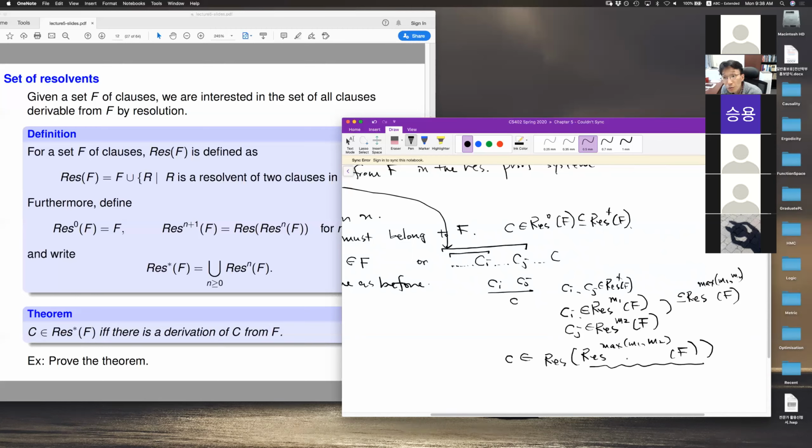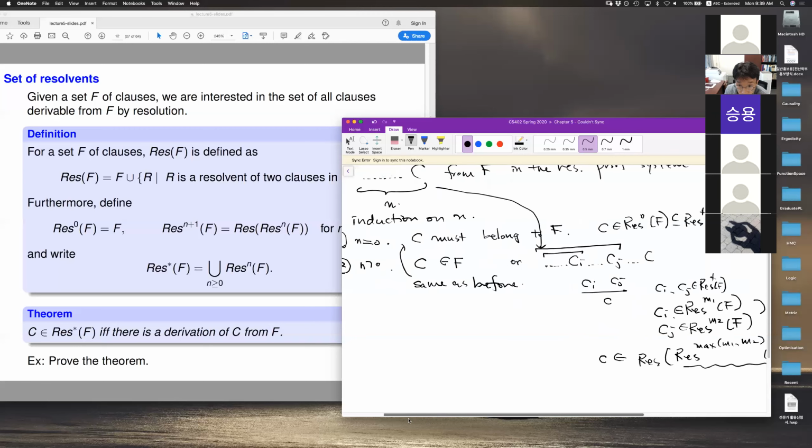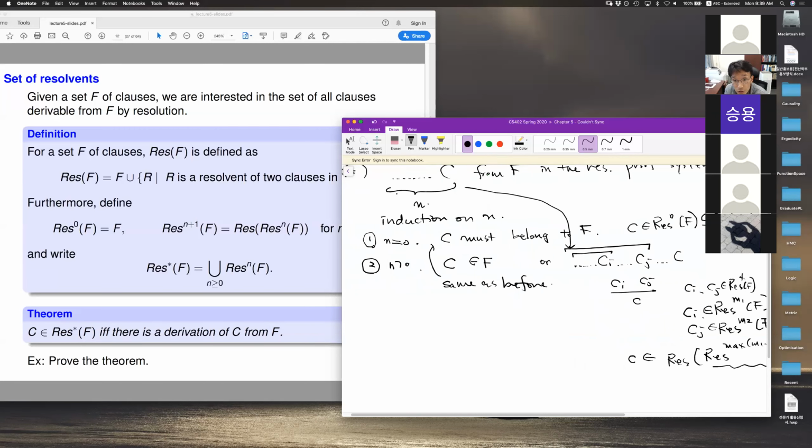Okay, so that's how you can prove this. We are doing induction on the length of the derivation. The length for Ci, because it's a sub-derivation of C, should be shorter than n. The length of the derivation for Cj, which is also just a subsequence of the entire derivation, should be shorter than n. So that's why we can apply induction.